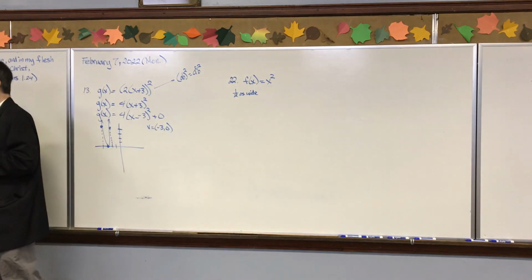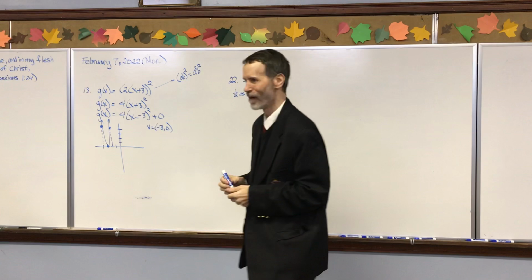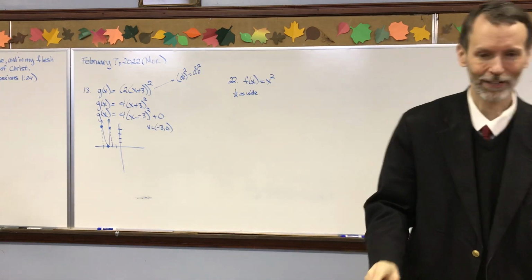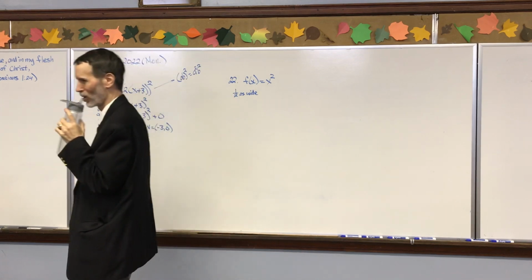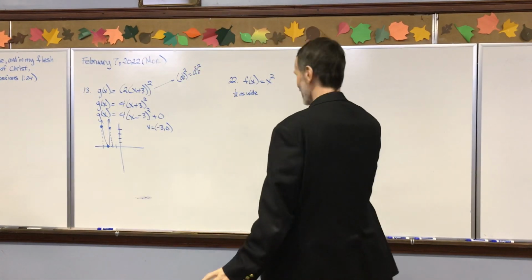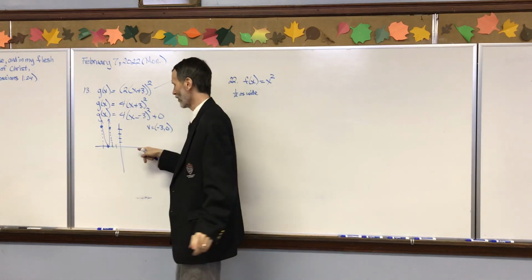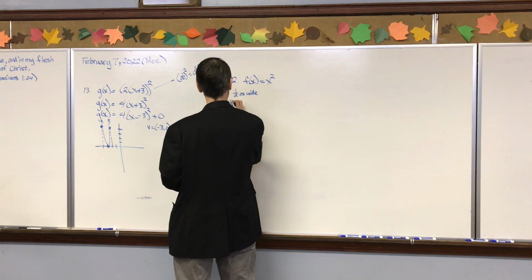Second thing, reflect across the x-axis. What does that do if you reflect it over the x-axis? Flips it which way? The x-axis is this one. So if I flip it over the x-axis, it's going upside down.